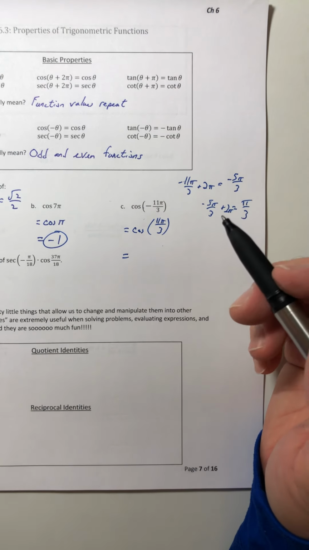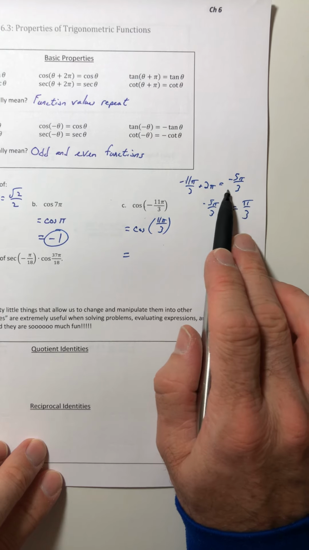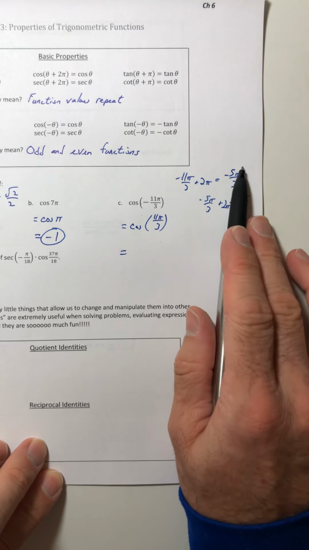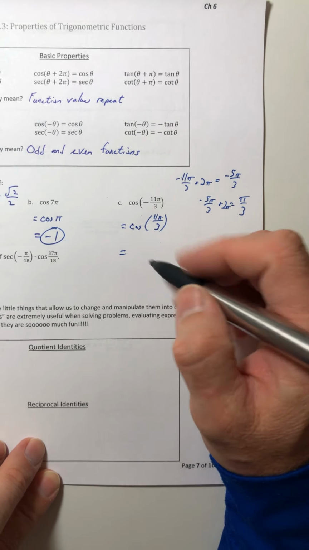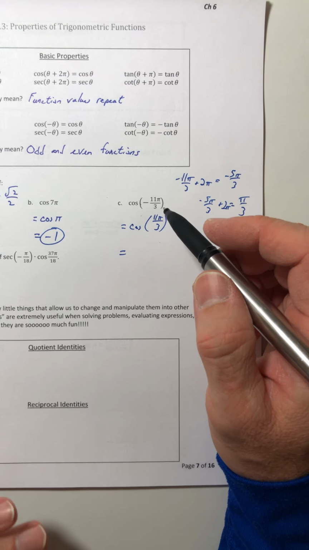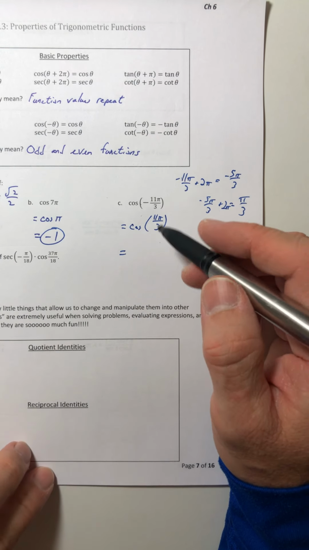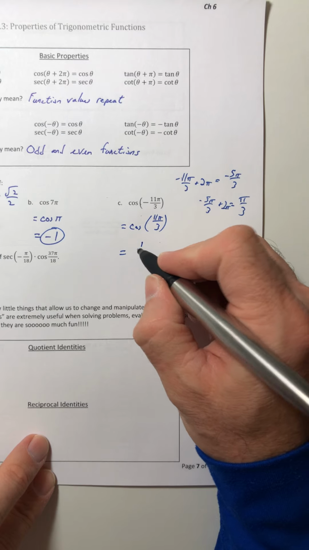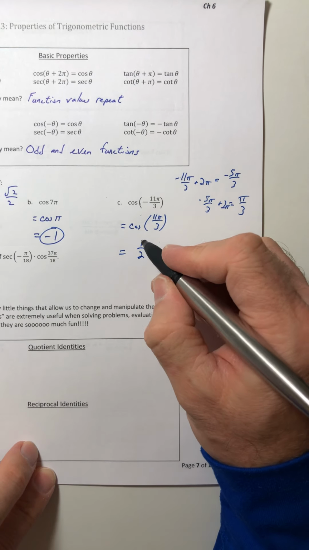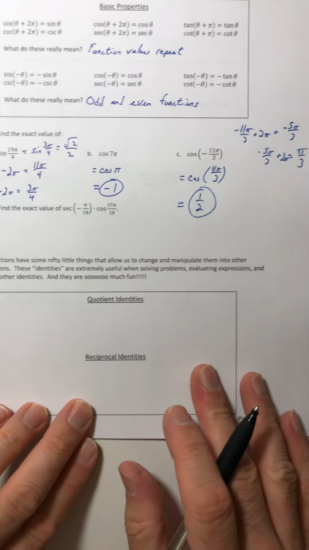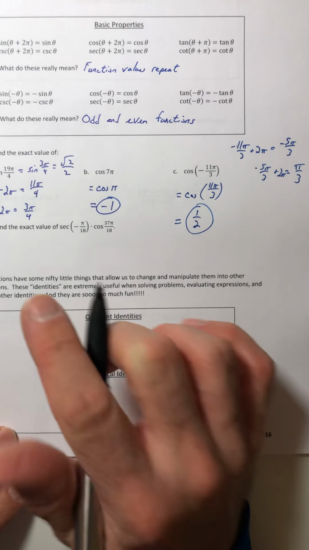So no matter which way you went, you can even do that here with that negative 5 pi over 3. No matter which way you go, and it doesn't matter if you use SOHCAHTOA or the unit circle, you are going to get 1/2 as your answer.